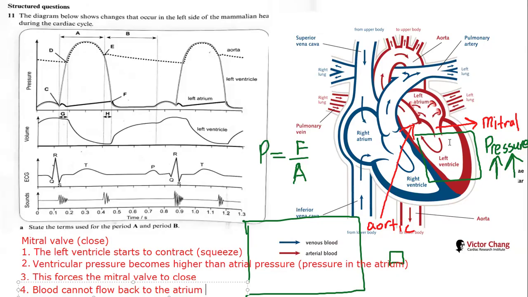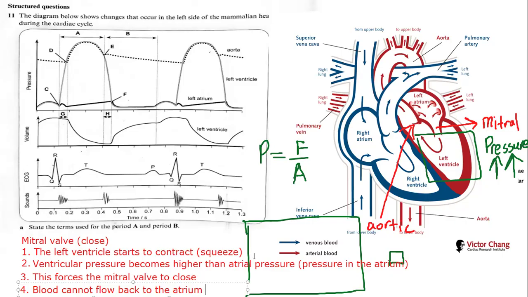Why is the pressure increasing in the ventricle? Because of the contraction. Right. So the increase in pressure would cause the valves to close.